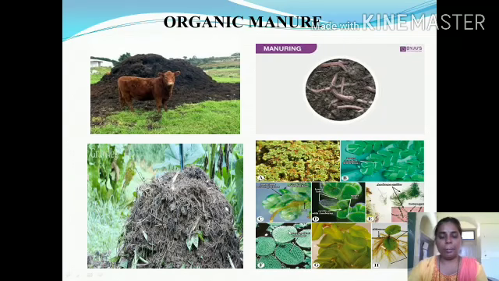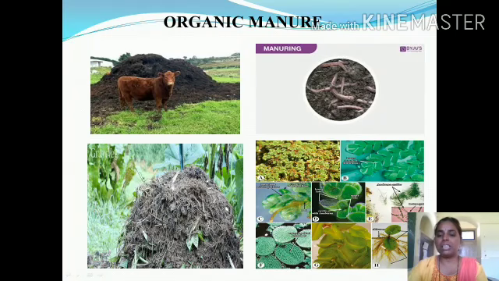These azolla plants have the capacity to absorb the atmospheric nitrogen, convert it into nitrates, and store it in their body. So they act as nitrogen fertilizers.